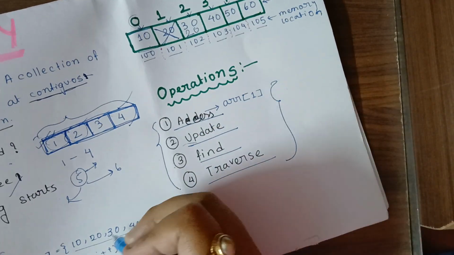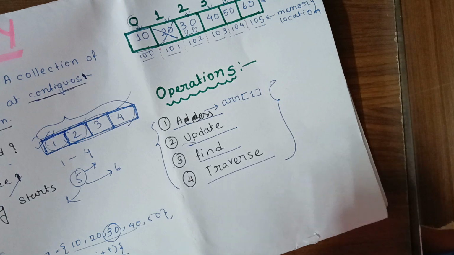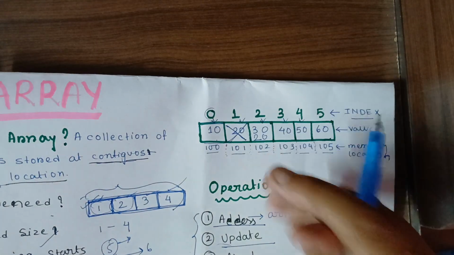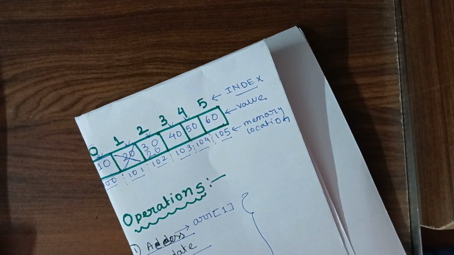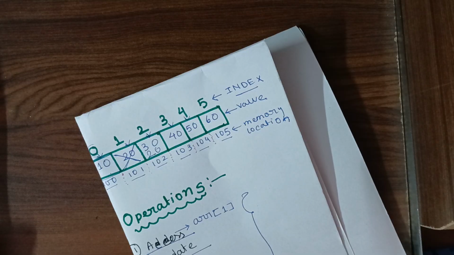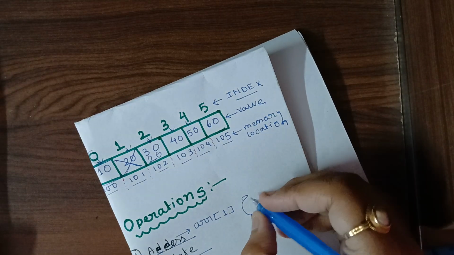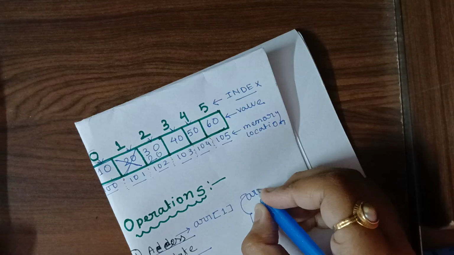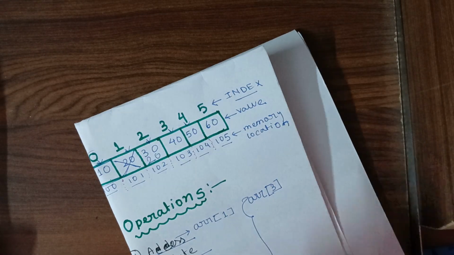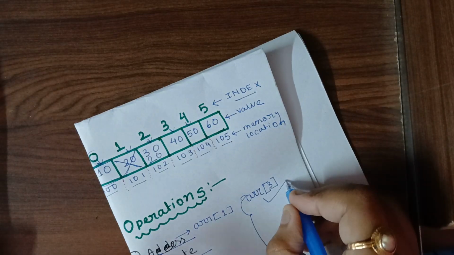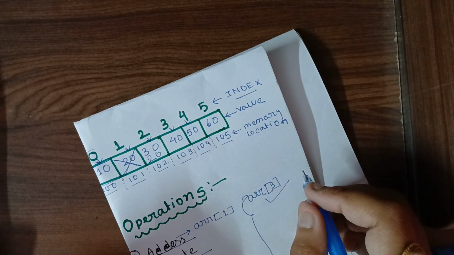If I want to access the 30 element, I want to know what is the value at the second index. For that, we write the array name first, then write the index value in square brackets. This way, we can access any element of the array easily.